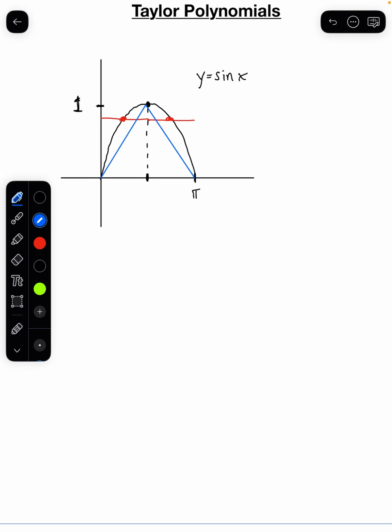And it also matches the fact that the function is increasing. So it is including more information that represents what the actual function is doing. We then got into Simpson's rule. And Simpson's rule, going along this same vein, is now going to match 3 points.